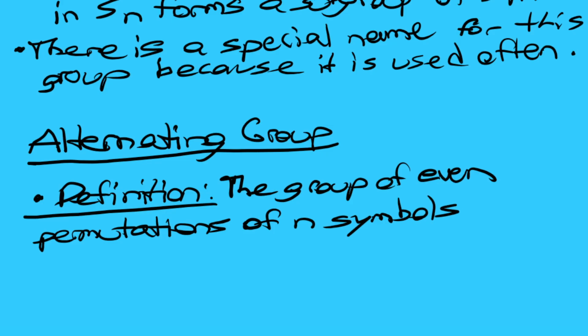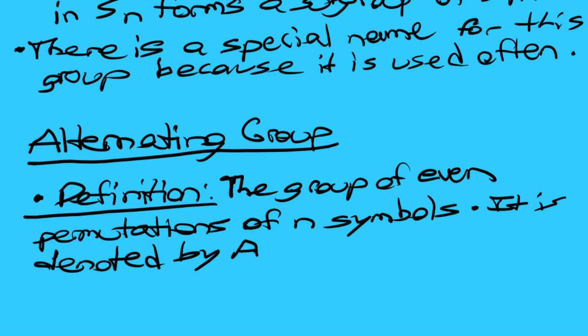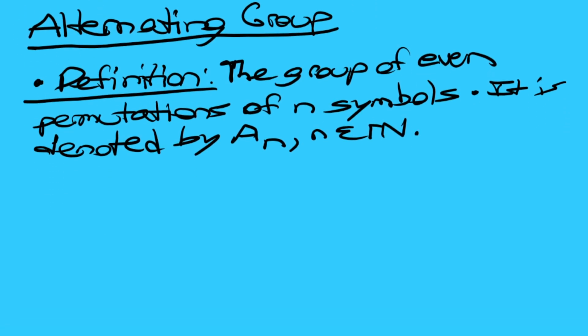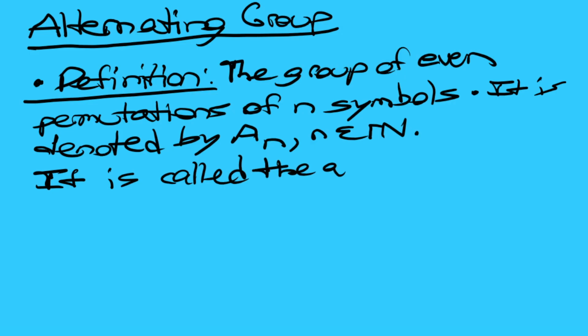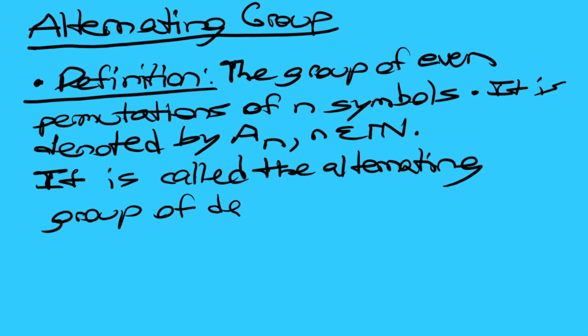In symbols, it is denoted by A subscript n, where n is a natural number, and it is called the alternating group of degree n.